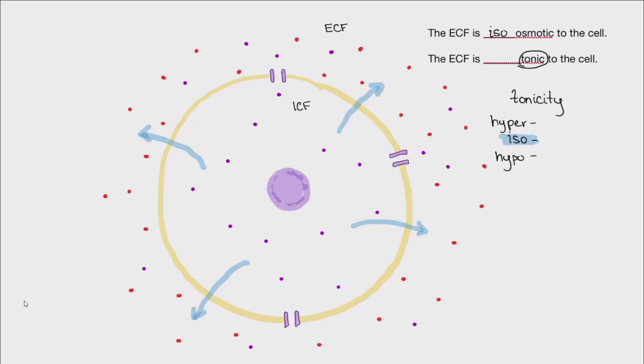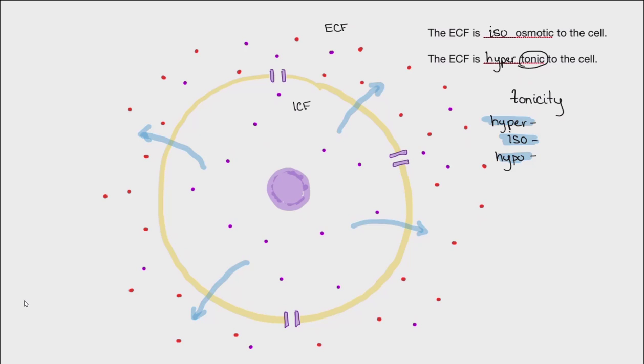If the movement of water is from the cell to the extracellular fluid, I'm going to use hyper. And if the movement of water is from the extracellular fluid into the cell, I'll use hypo. So here, water is going to follow potassium out of the cell, and so this is hypertonic. It's going to result in my cell volume shrinking.